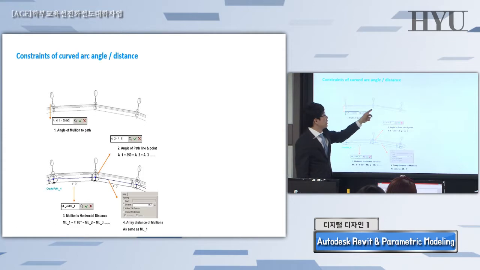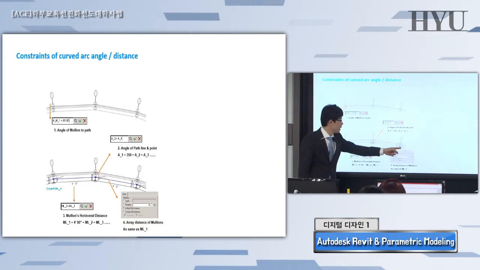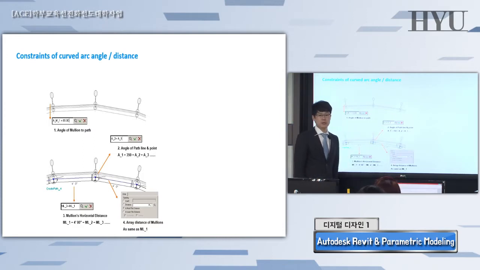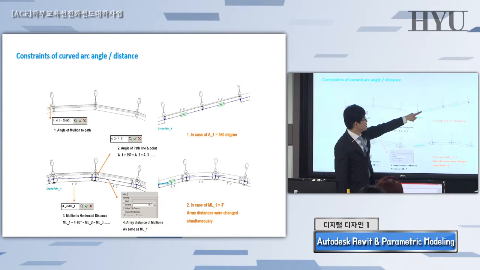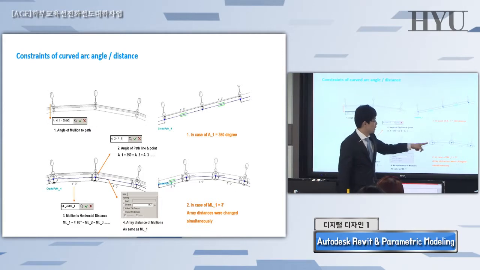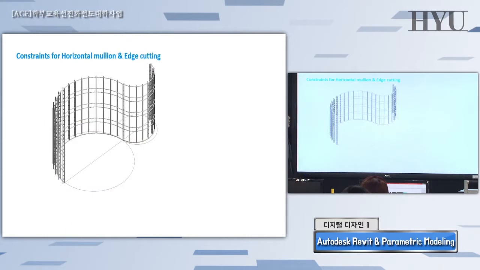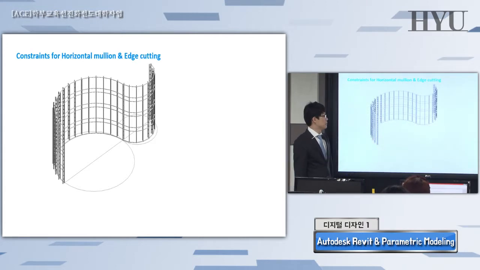We don't need to put every single number for each joint. Simply set all of them the same as the first one. In that case, if we change, update the first one, all others are going to be changed, okay? So with a simple change of this angle number, all others are going to be auto-changed like this way. That is why we can generate this kind of shape by using some boundary line or section profile and so on.